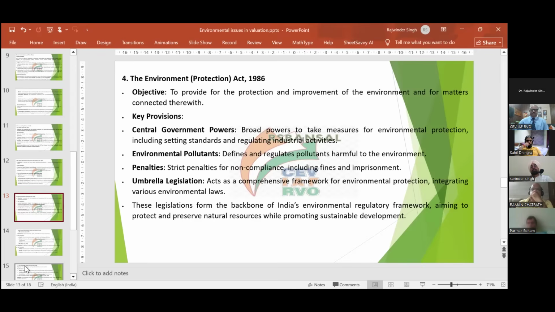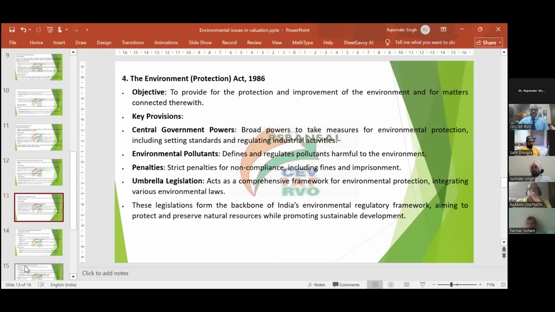It defines and regulates the pollutants harmful to the environment. It also gives authority to the competent authorities to apply strict penalties for non-compliance, including fines and imprisonment.